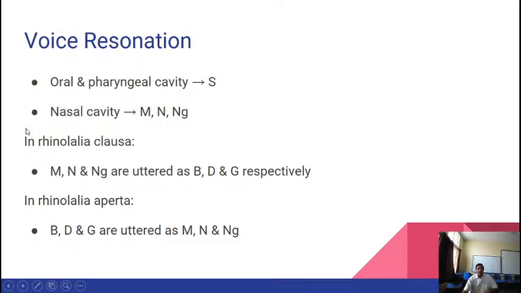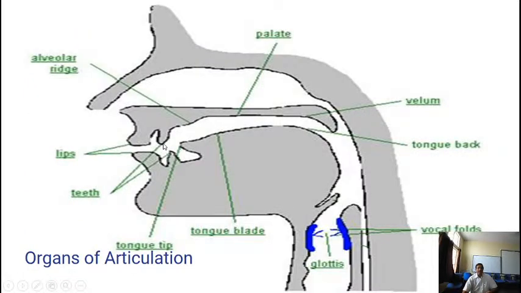Now these vibrating chambers are altered by the movement of the tongue, and that produces different kinds of vowels, and this is how speech is described.